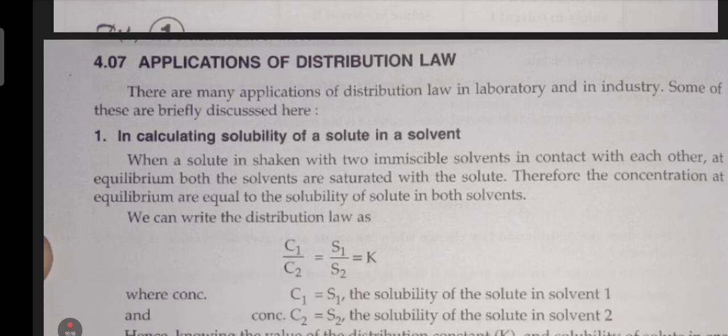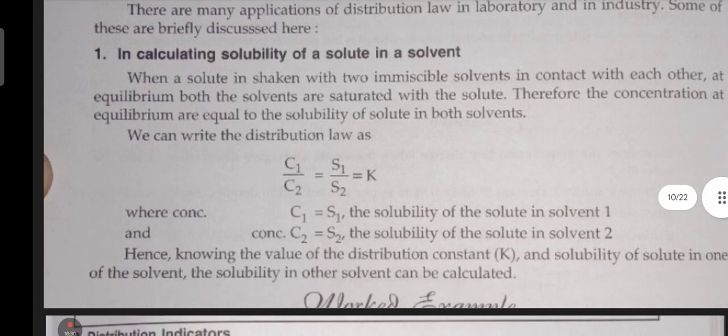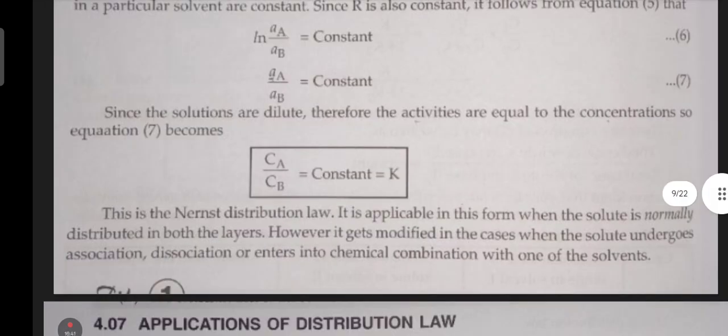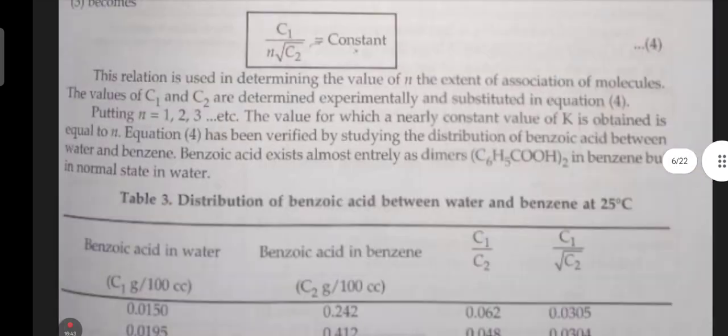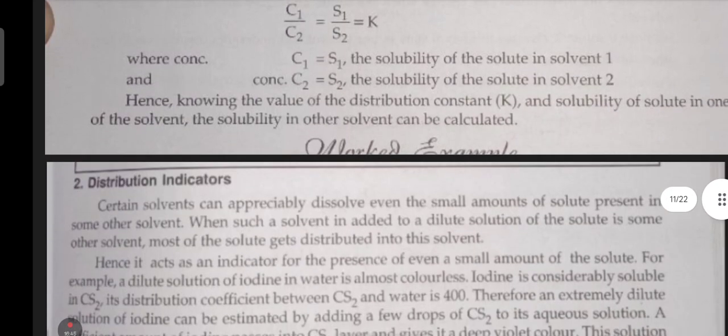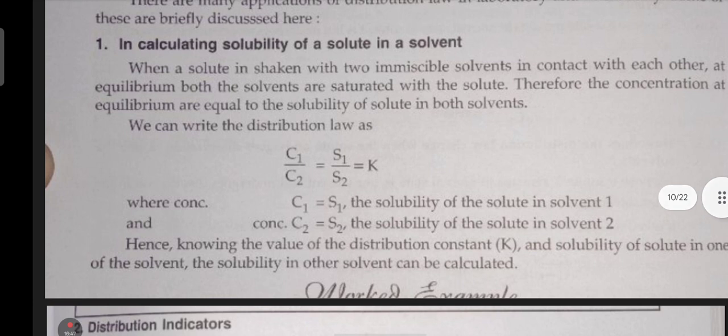Now we will discuss the applications of the distribution law. There are many applications of the distribution law in the laboratory and in industry. Some of these are briefly discussed here. Firstly, in calculating the solubility of a solute in a solvent. When a solute is shaken with two immiscible liquids in contact with each other, at equilibrium both solvents are saturated with the solute.